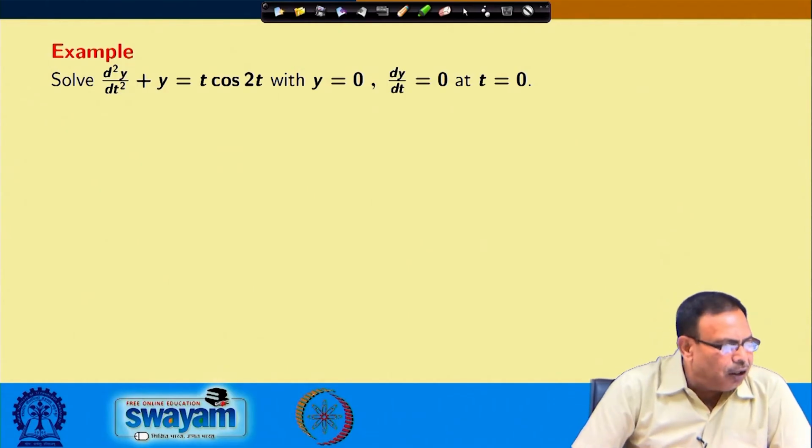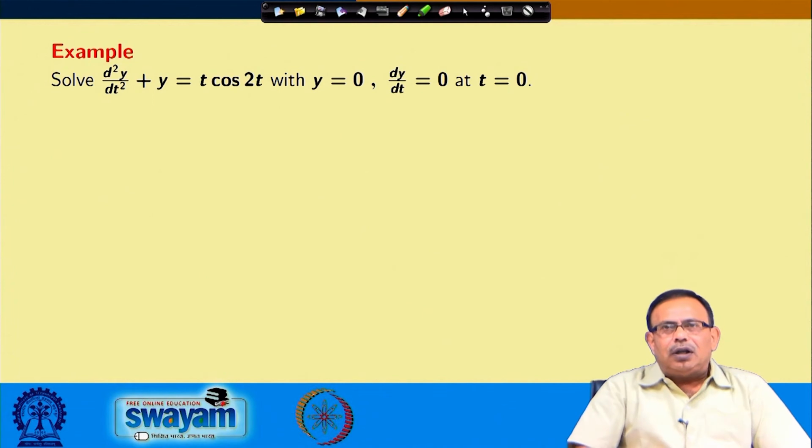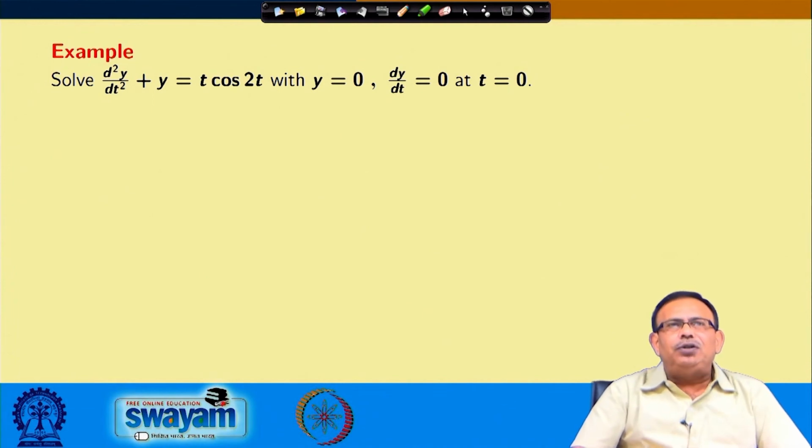Now, in the earlier problem if you see the right hand side you had the value 0. Now, I am taking another function where I am writing d 2 y dt square plus y equals t cos 2t with y equals 0, dy dt equals 0 at t equals 0. Means now on the right hand side you have a function of t, f of t, which is t cos t.